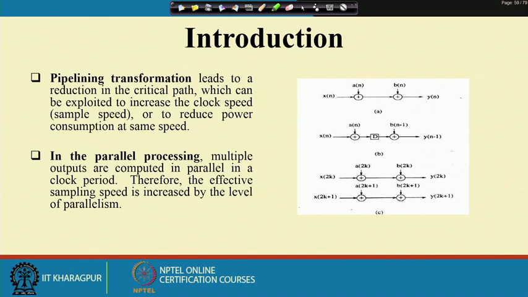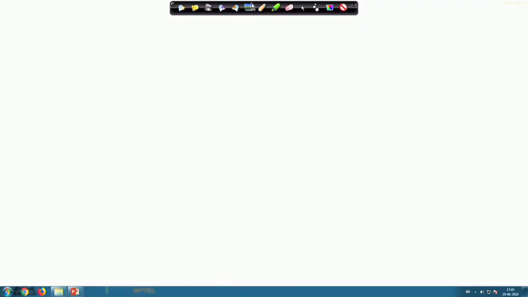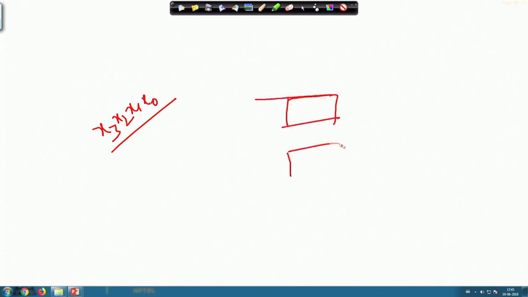Basically, initially what was happening? The samples x0, x1, x2, x3 are coming like this, right? But whenever I have used these 2 processing elements, this is PE1, this is PE2, let us consider this.